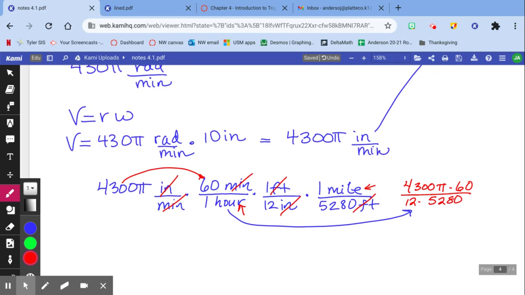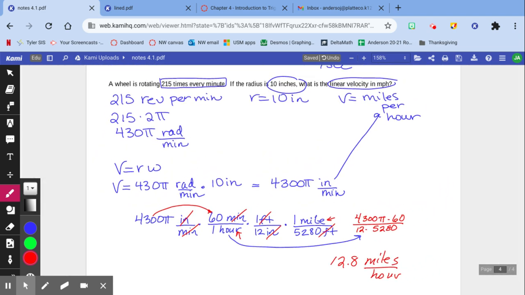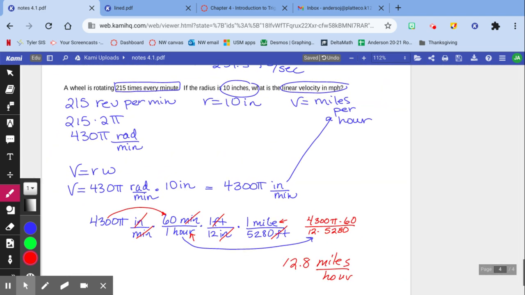And I'm going to use a calculator for that. And when I use my calculator, I'm going to get 12.8 miles per hour. So this is not only using the formula of linear speed versus angular speed, it is also using dimensional analysis.